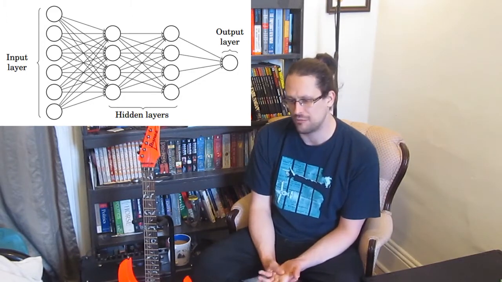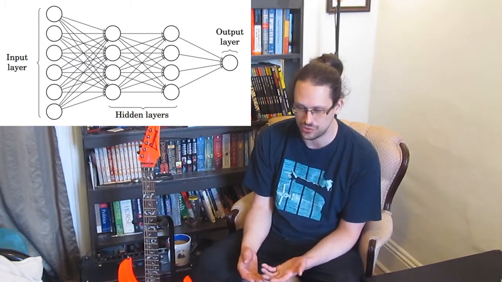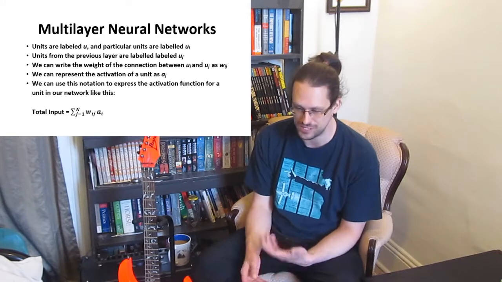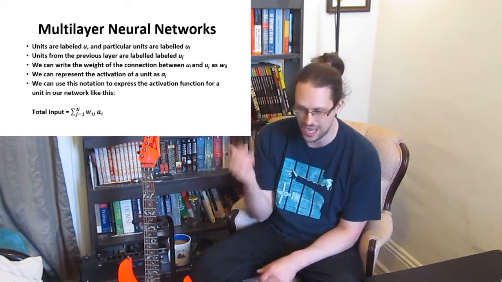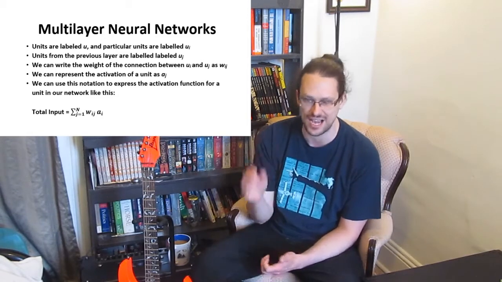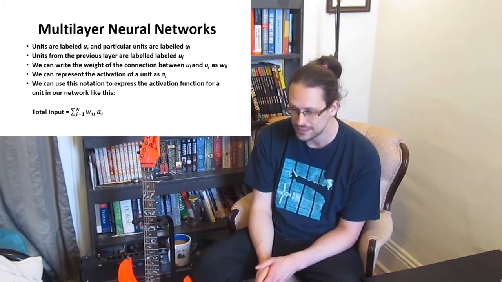So in a multi-layer network, units are labeled U, and a particular unit will be U sub i, so we can specify which unit we're talking about by changing that i to a particular number if we like.